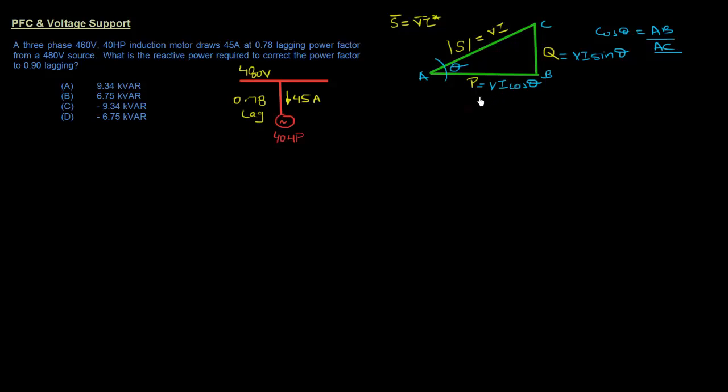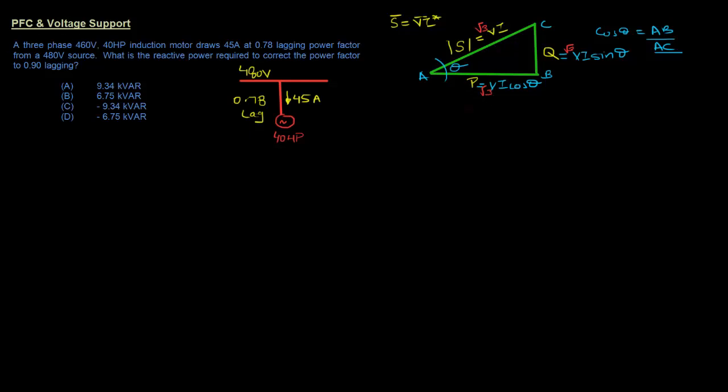This is the equation, if you remember, for single phase real power: VI cos theta, and VI sine theta for the reactive power. If we have a three-phase system like we do here, we introduce the term root 3.